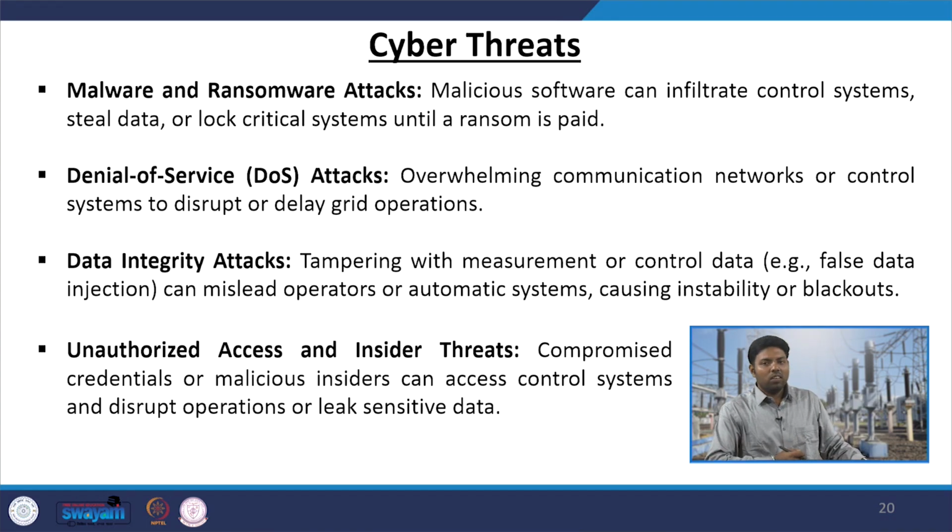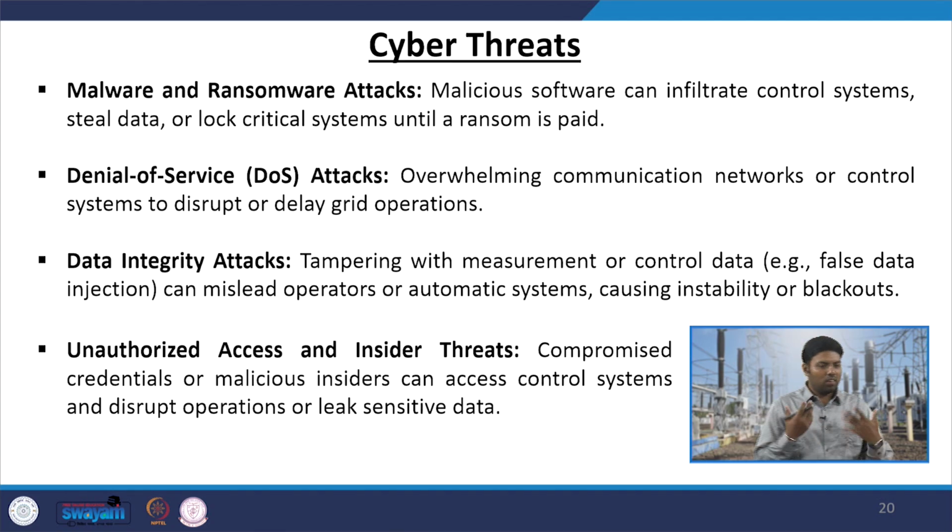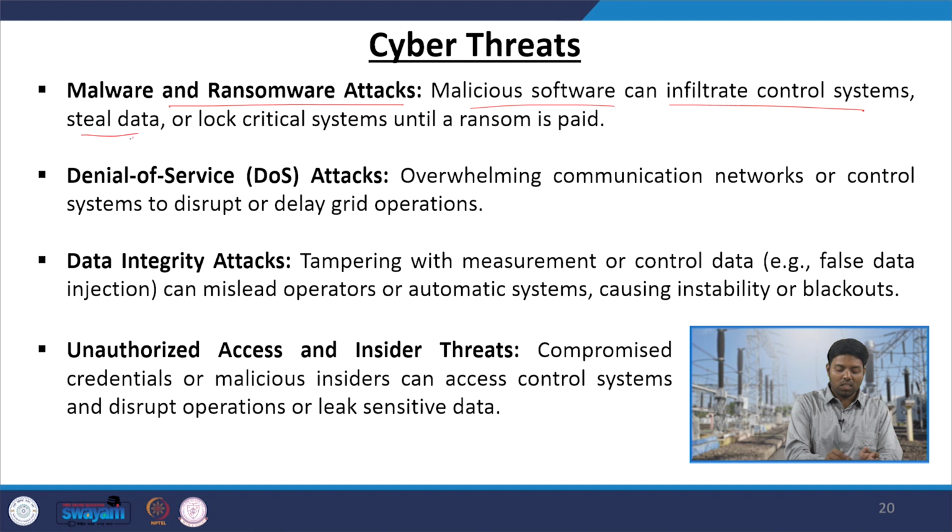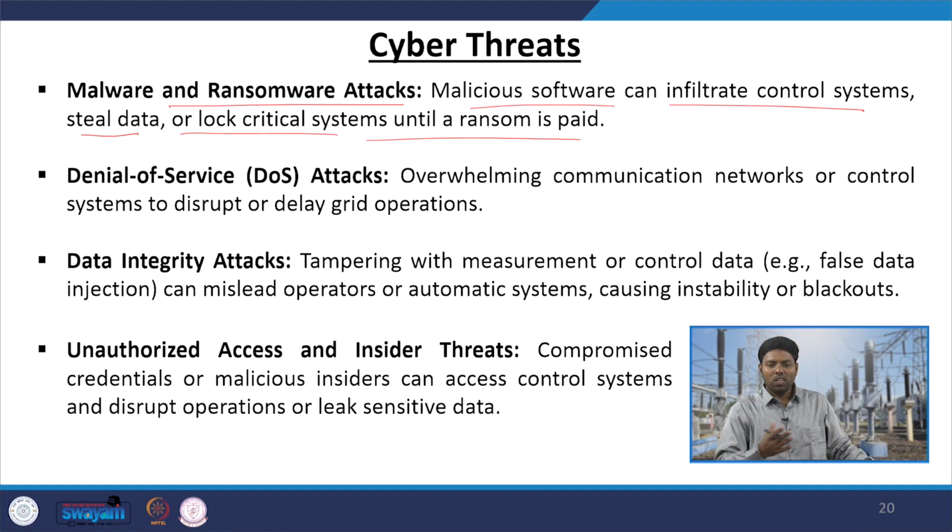So we will see the different kinds of cyber threats we normally experience in power networks. First one is malware or ransomware attacks, where malicious software can infiltrate the control system, steal data or lock critical systems. Normally a link to bad software will come to the control center, and if any executive clicks on that link, the bad software will be installed automatically on the system, and after that it will take data from that system.